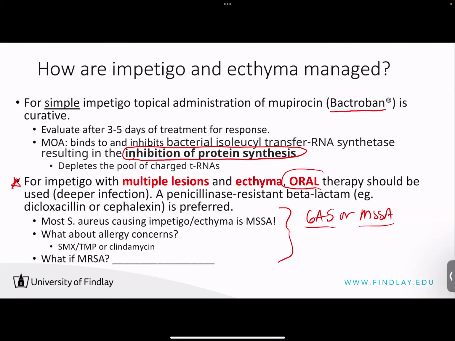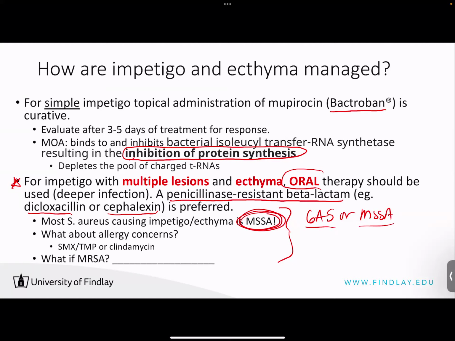It'll get the staph and the strep. Okay, so we want a penicillinase resistant beta lactam because the staph is probably making a penicillinase. All right, and so dicloxacillin or a first generation cephalosporin is going to be just fine for ecthyma. Keeping in mind, most of it is MSSA.